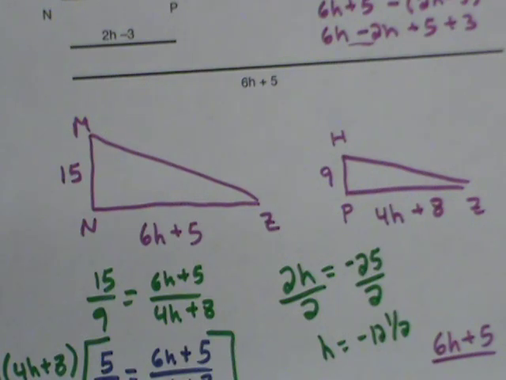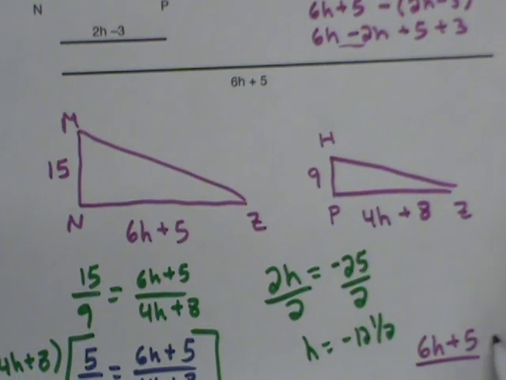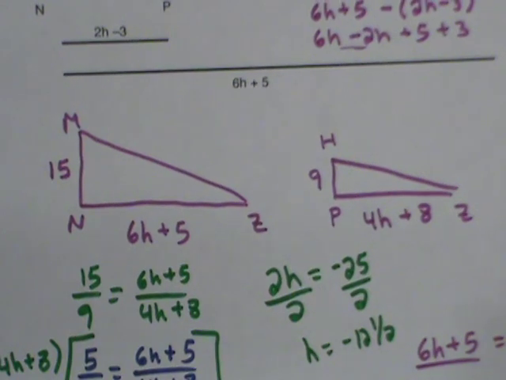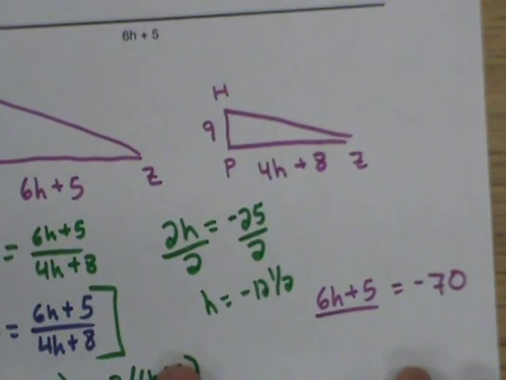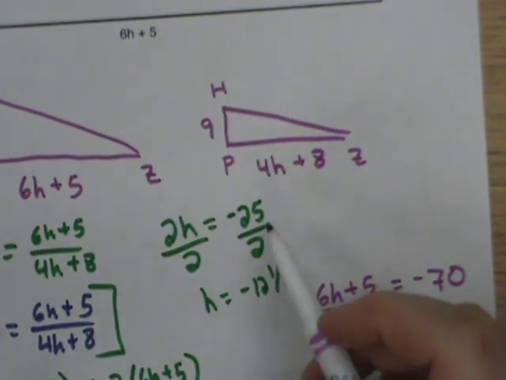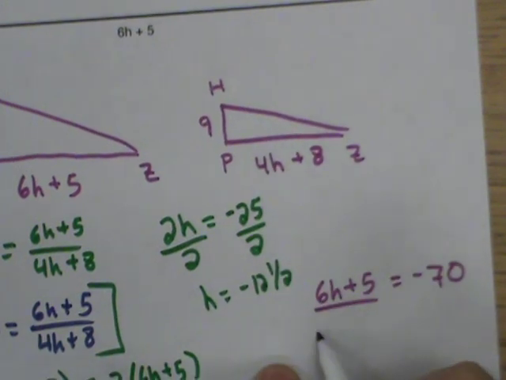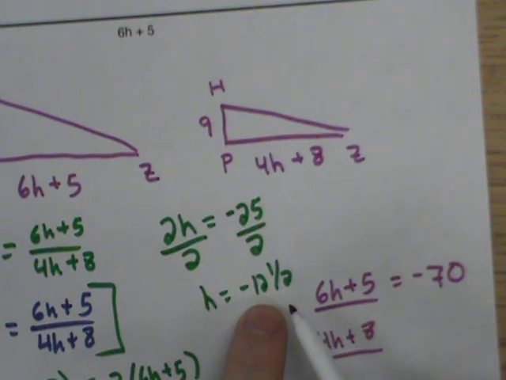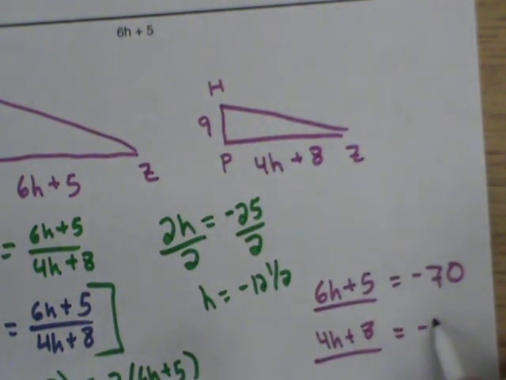Negative 75 plus 5 is going to be negative 70. And that doesn't make any sense whatsoever. We'll do the same thing with this one. When I plug that into my calculator, 4h plus 8, that would be, what, negative 50? Negative 50 plus 8 would be negative 42.